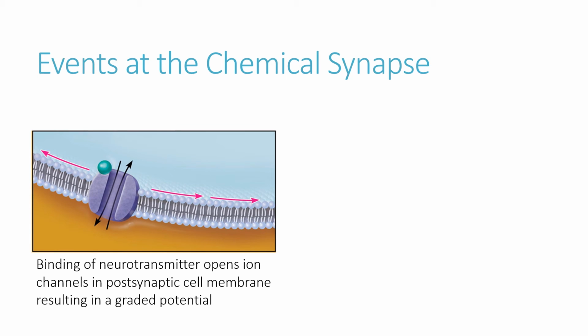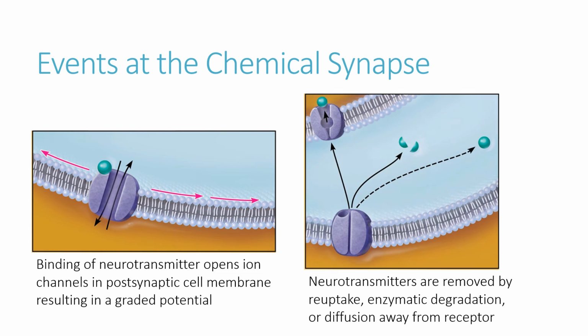Once that neurotransmitter has bound to a receptor, it opens ion channels in the postsynaptic cell membrane that allow ions to start to diffuse into the postsynaptic cell, resulting in a graded potential or excitation of that postsynaptic cell.